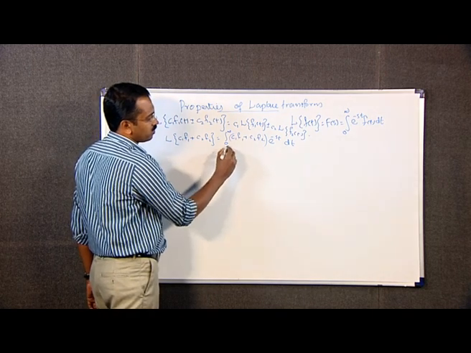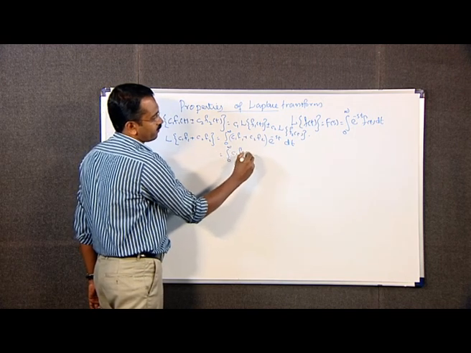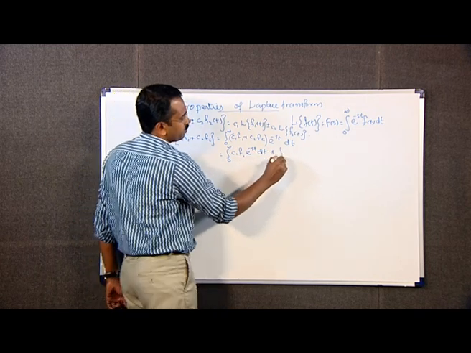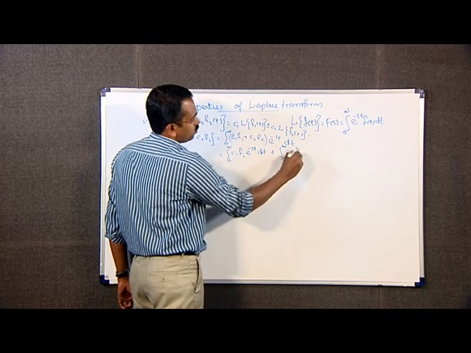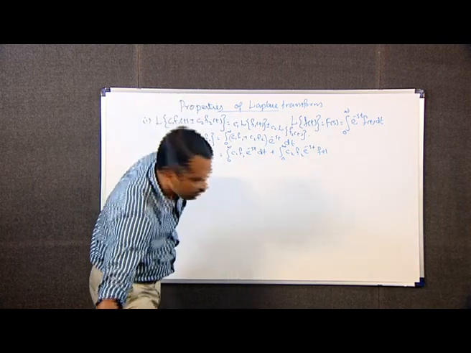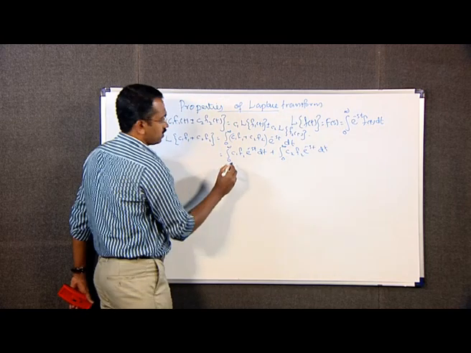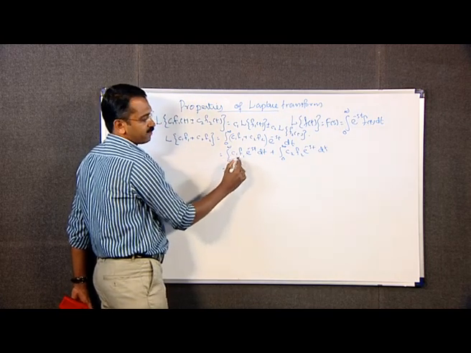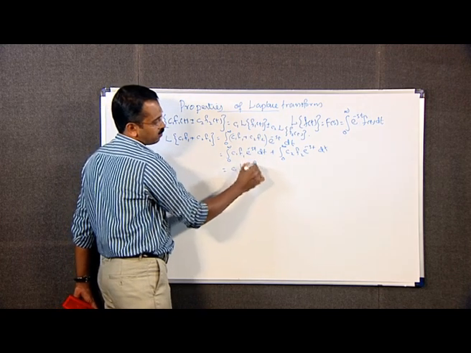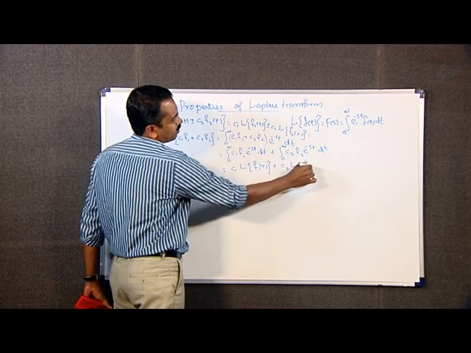That is, integral from 0 to infinity c1 f1 e raised to minus st dt plus integral from 0 to infinity c2 f2 e raised to minus st dt. The c1 can be taken outside. Then the integral from 0 to infinity of f1 of t into e raised to minus st dt is Laplace transform of f1, plus c2 into Laplace transform of f2.